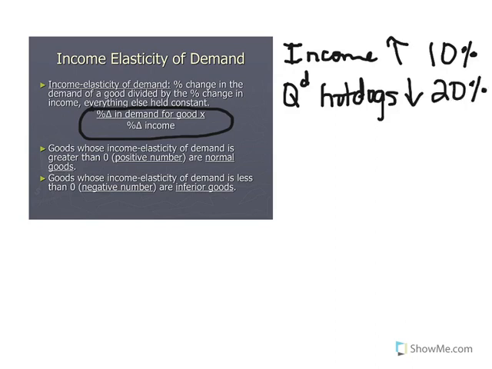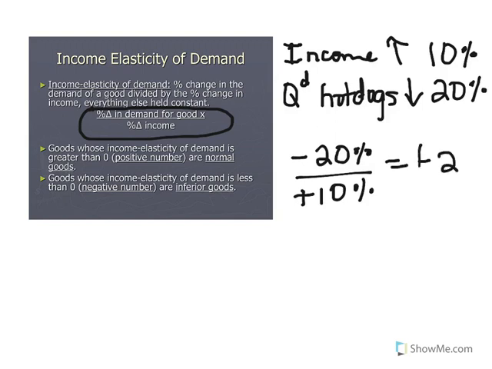So again, we can use this formula, take the percent change in the quantity demanded of the good, so you have a negative 20% divided by the percent change in your income, which was a positive 10%. So a negative 20% divided by a positive 10%, you're going to come up with a negative 2. And because that number is negative, that means we consider hot dogs to be an inferior good.